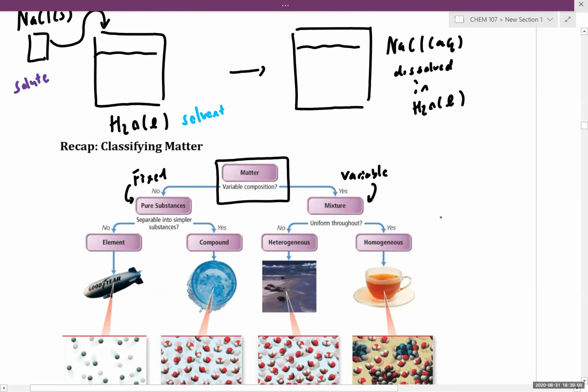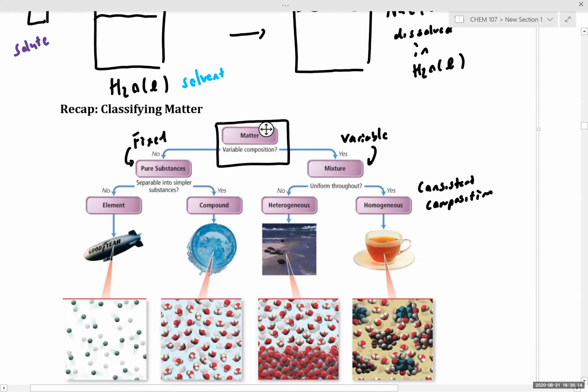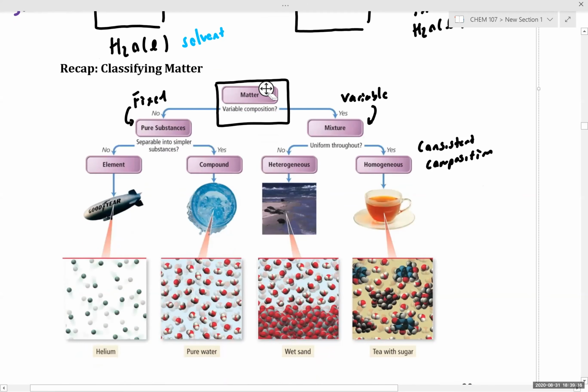For heterogeneous mixtures, we have a variable composition, an uneven composition. We see clear separation of phases.